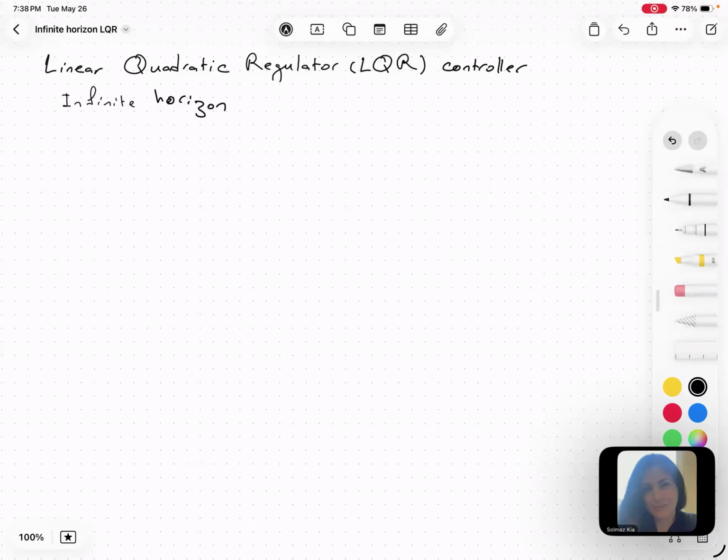If you recall, we defined the regulation problem as driving the state of the system to zero as time goes to infinity using control. And we were specifically focused on linear systems of this form.